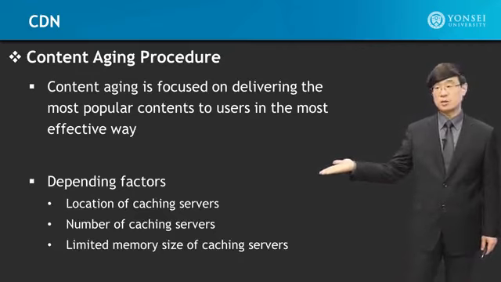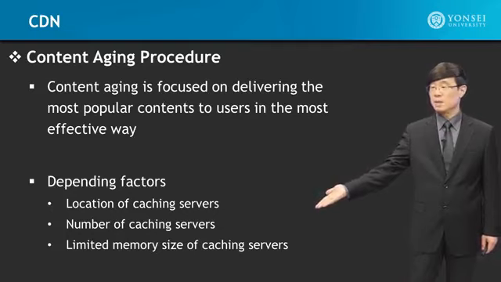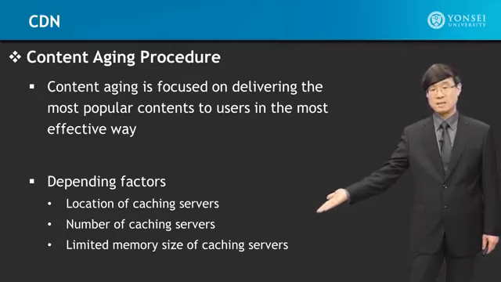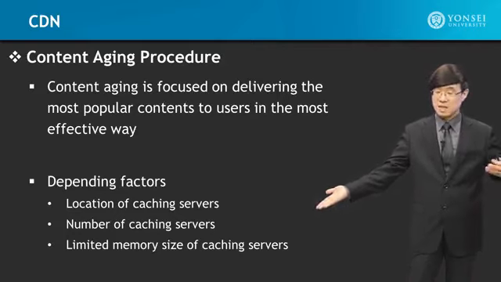Depending factors include location of caching servers, number of caching servers, limited memory size of the caching servers. In other words, if you have a small memory size, then you will need to do the throwing away process, the discarding process of older contents much more frequently.